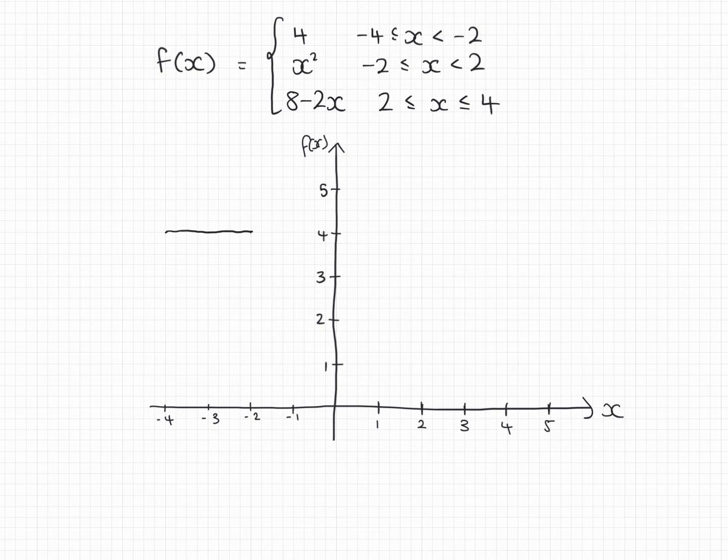Then it says between -2 and 2, so that's from here to here, I'm going to have the function x squared. So -2 squared is 4, so I'm going to be starting at the same point. -1 squared is 1, 0 squared is 0, 1 squared is 1, 2 squared is 4. And we should know what this graph looks like.